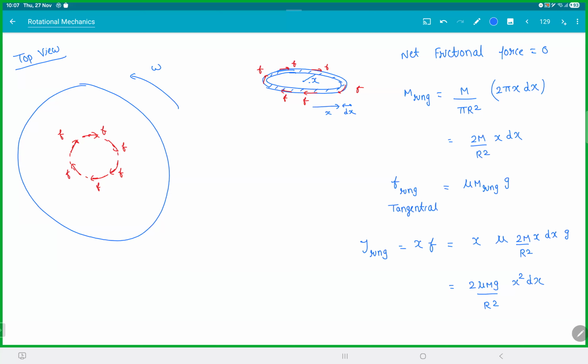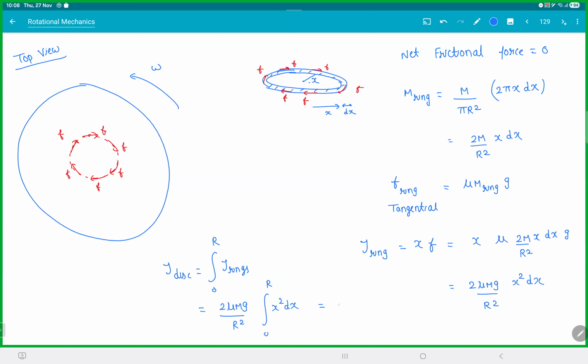This is the torque on one ring. But remember, the disk is actually a combination of all these rings. So when you take the torque on the disk, it is a summation of torque on all the rings. Like I keep saying, the integration is actually easy. The headache is converting all this. It is simply an x squared dx integration. 2mg by r squared, integral of x squared dx from 0 to r.